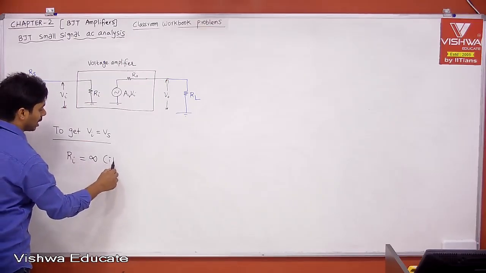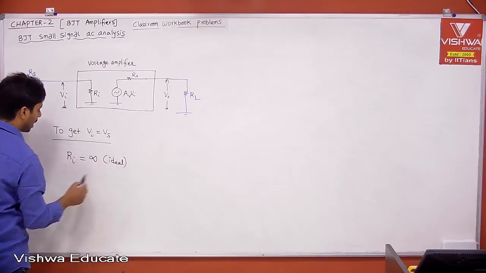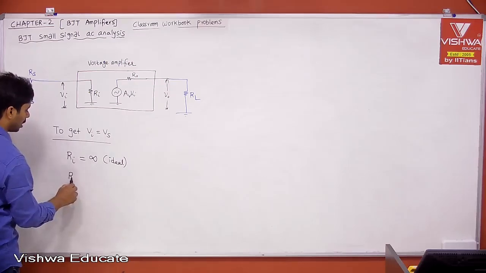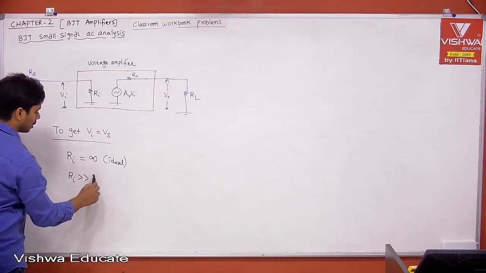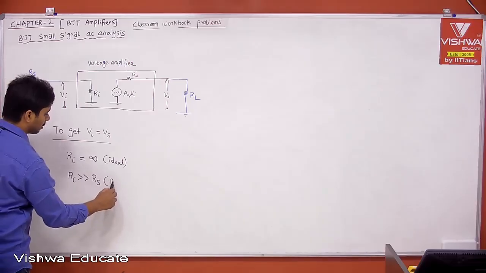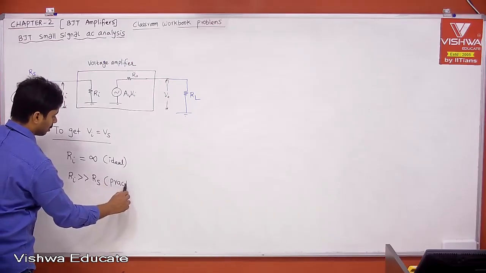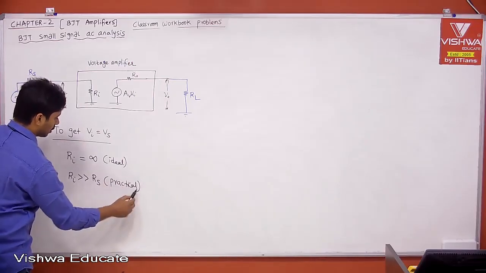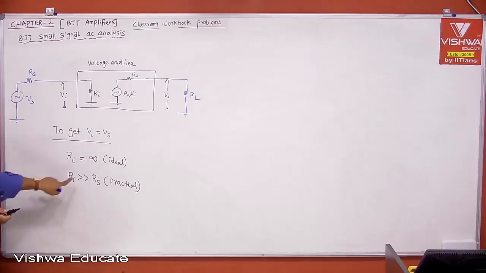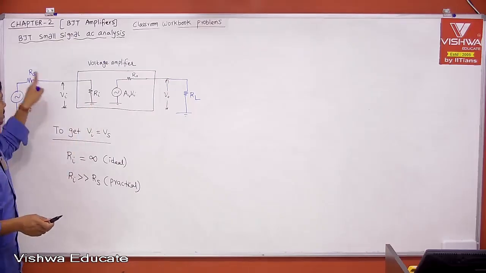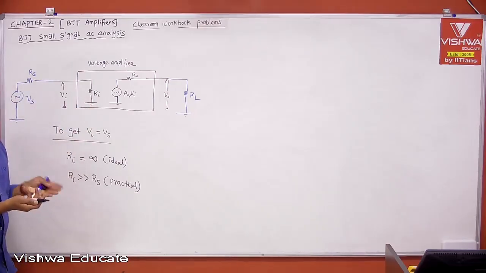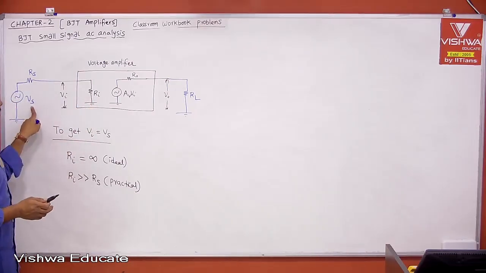This is the ideal scenario. Practically, your Ri should be very much greater than Rs. This is the practical scenario. If you have Ri infinity or Ri very much greater than Rs, what is the advantage? Simple, you will get Vi equal to Vs.